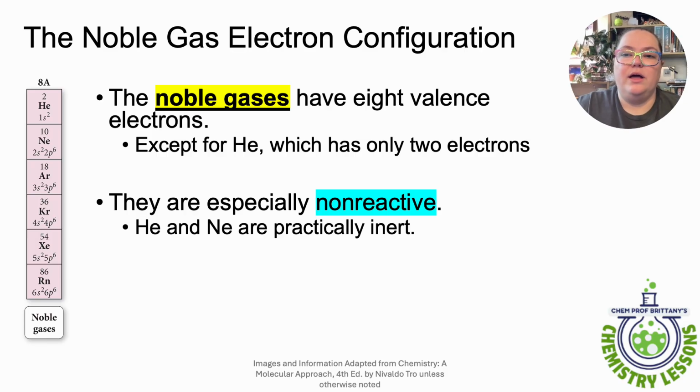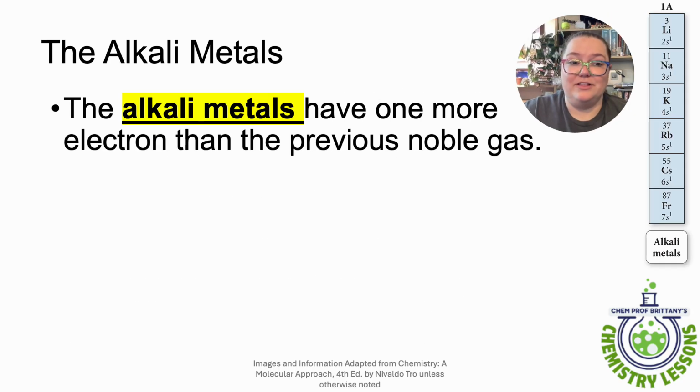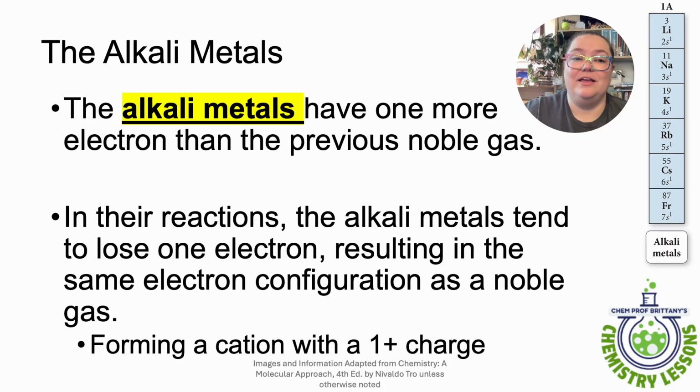And so the reason the noble gases are so non-reactive is because that electron configuration is especially stable. Alkali metals, on the other hand, have 1 more electron than the previous noble gas. So they've got 1 electron and they're trying to lose it, and therefore they are actually very reactive.